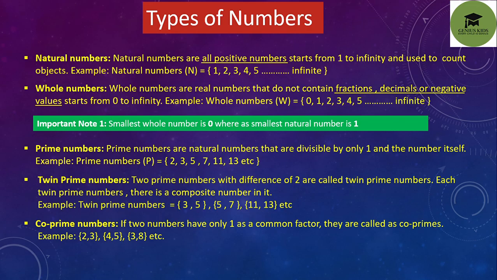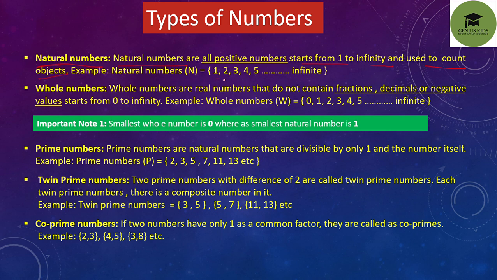First is the types of numbers, and everything I discuss today is part of your syllabus. The first one is the natural numbers. Natural numbers are all the positive numbers that start from 1 to infinity and are used to count objects.